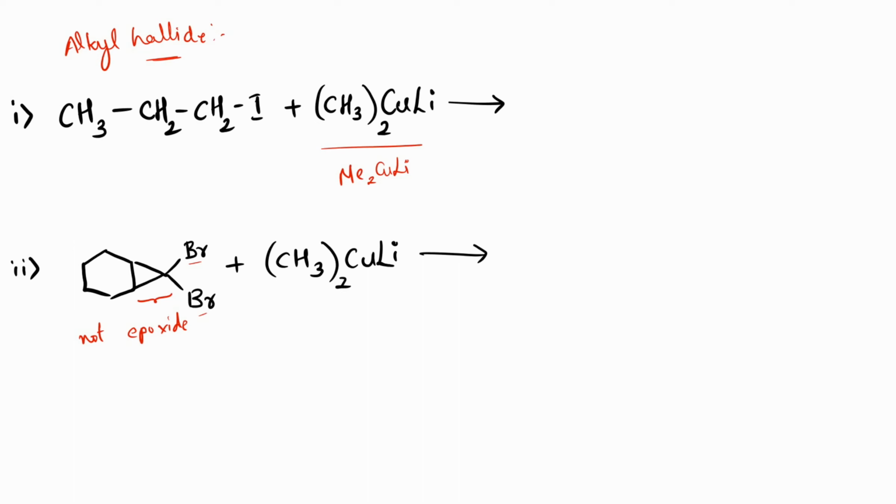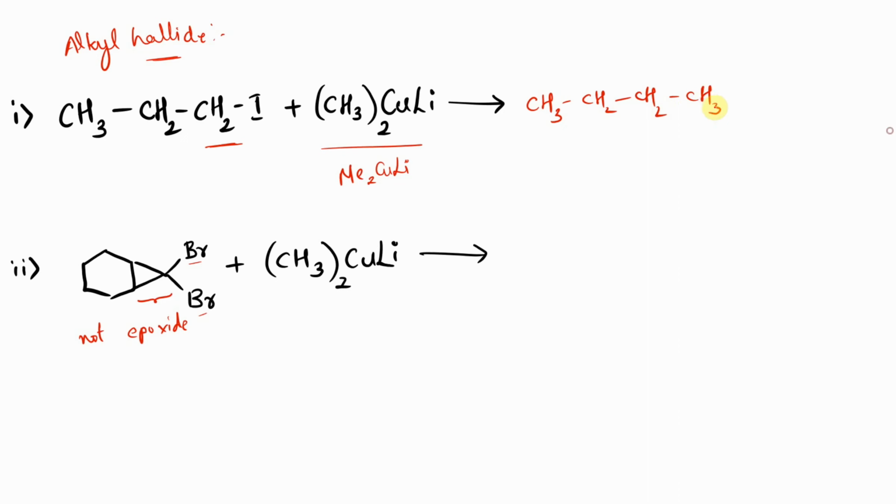Okay, so in the first reaction we have an alkyl iodide, that is propyl iodide. The propyl iodide has an iodine group present at the terminal position. So what happens in this reaction is we prepare butane, CH3CH2CH2CH3.